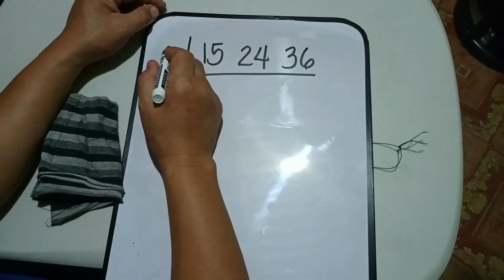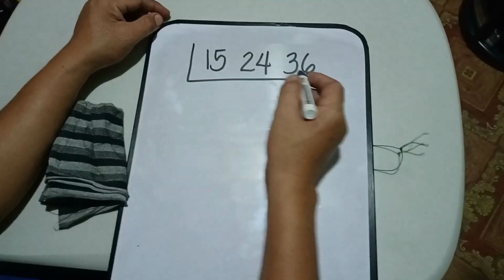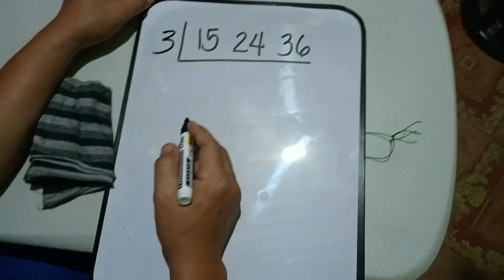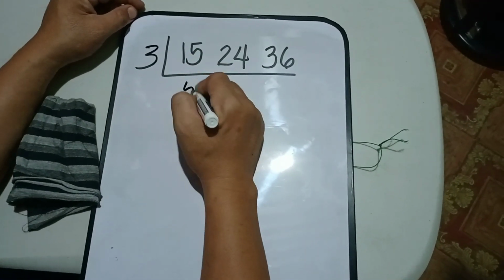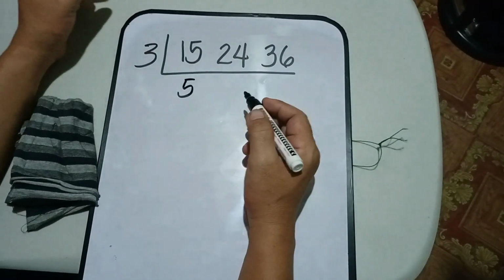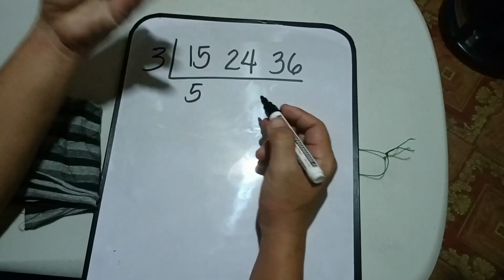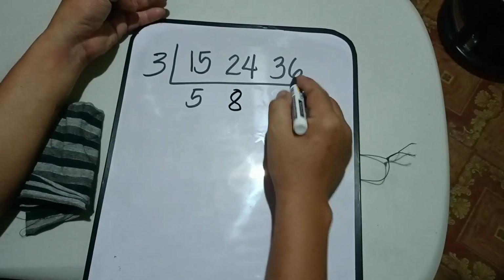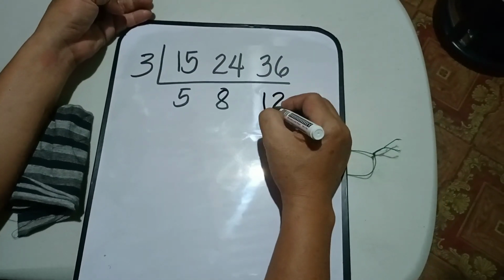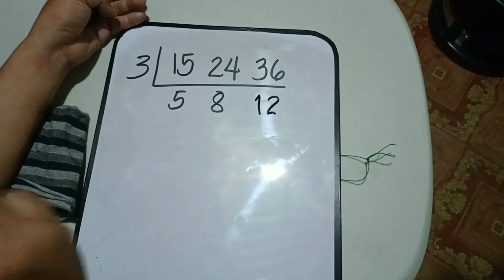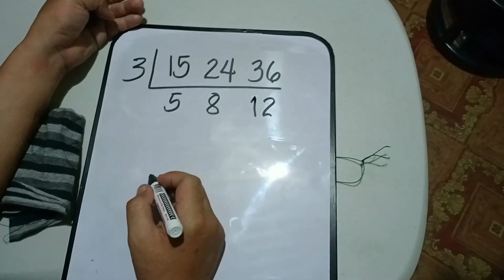Meron, di ba? Divisible by 3. Okay. Divisible by 3. 15 divided by 3 is 5. 24 divided by 3. 3, 6, 9, 12, 15, 18, 21, 24. So that will be 8. 36 divided by 3 is 12. Right? Ano lang kadali? Okay.